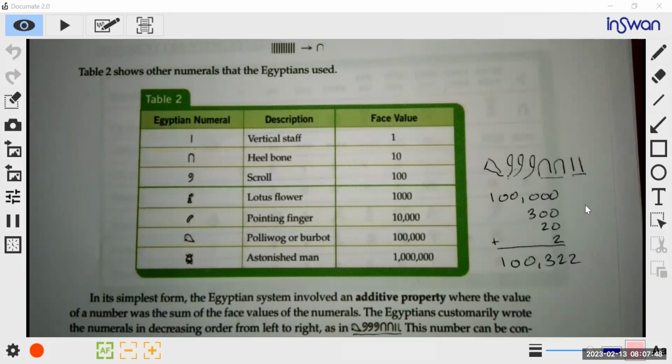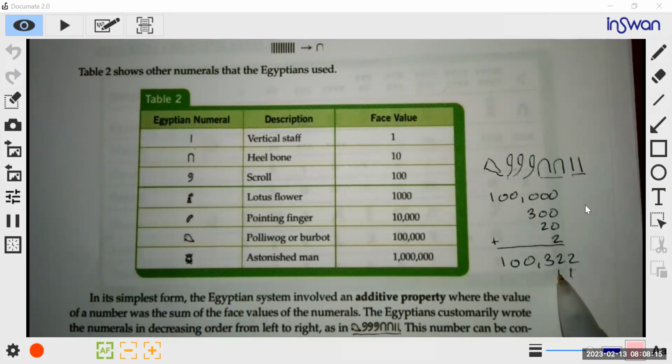You remember, the Egyptians were very, very graphic people. That's all they dealt with, was pictures that had symbolic meaning. Looking at our system, what does this number represent?